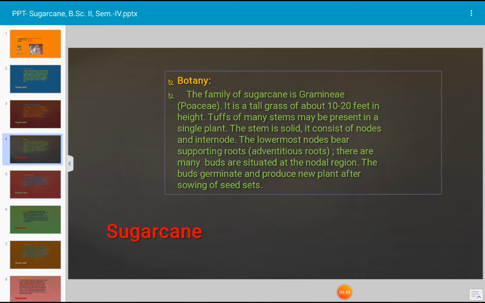Mostly the cultivated varieties are heterozygous, which do not breed true. Hence, small pieces of the stem are used for cultivation purposes. Leaves have parallel venation because it is a monocotyledon plant.